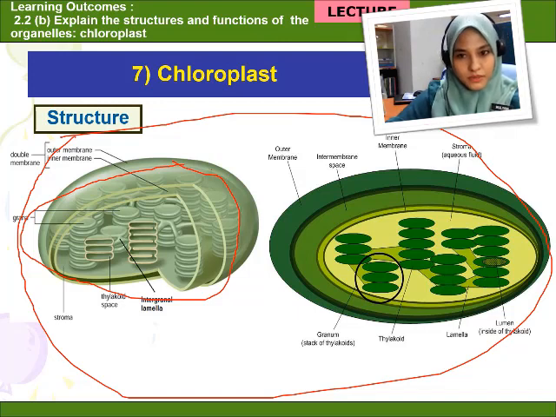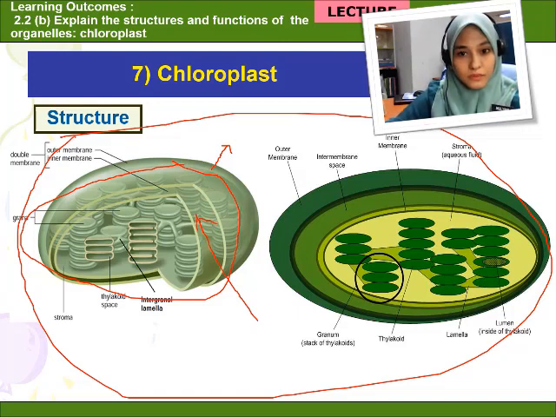The outer membrane, same as in the mitochondria, points outwards towards the cytoplasm, while the inner membrane, this part here, encloses a fluid-filled space called the stroma.